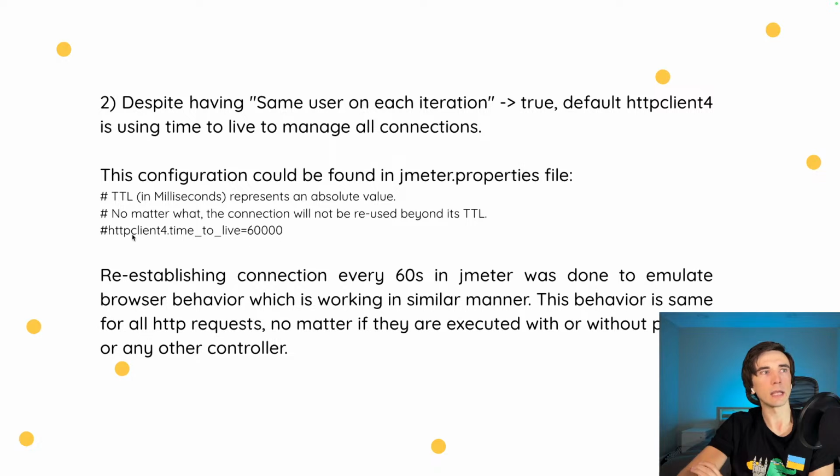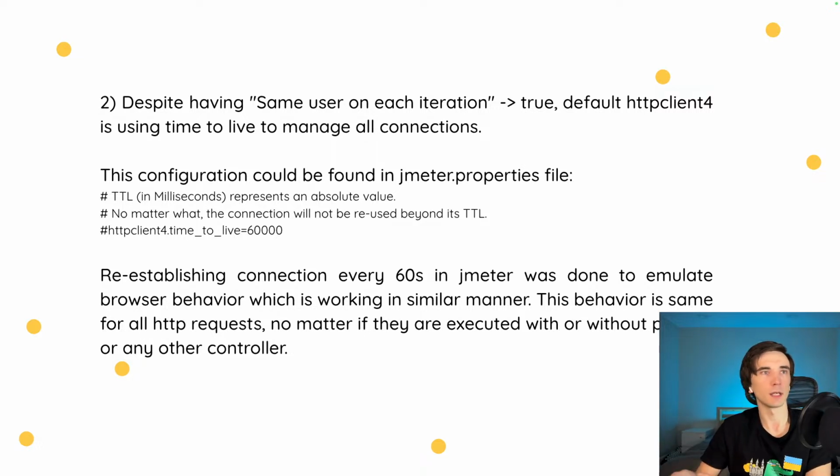It is HTTP client 4 time to live, which is equal to 60 seconds. So every 60 seconds, it doesn't matter whether you are using the parallel controller or not, HTTP client 4 will reopen the connection. It doesn't matter what type of request you are using. It should be an HTTP request, obviously.